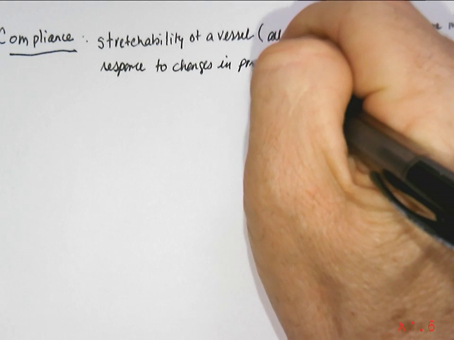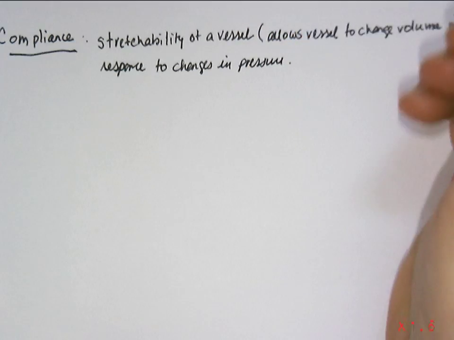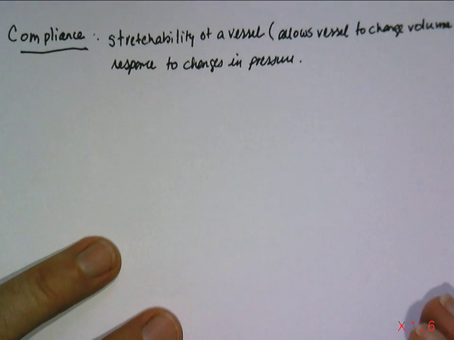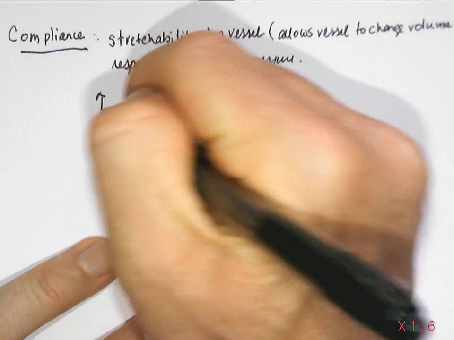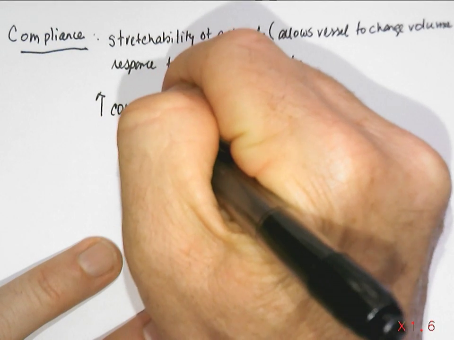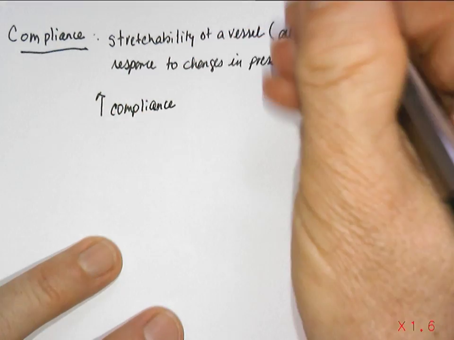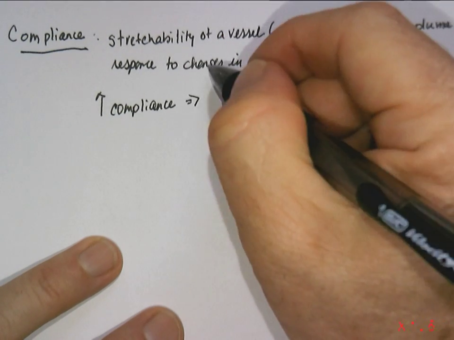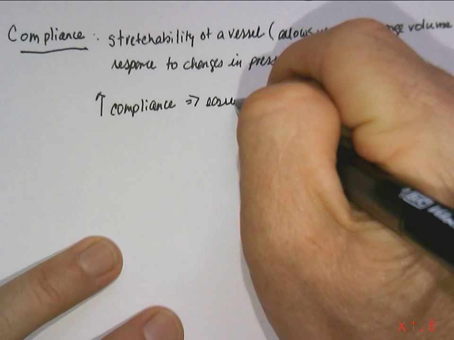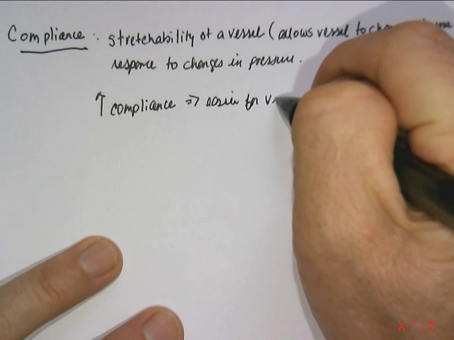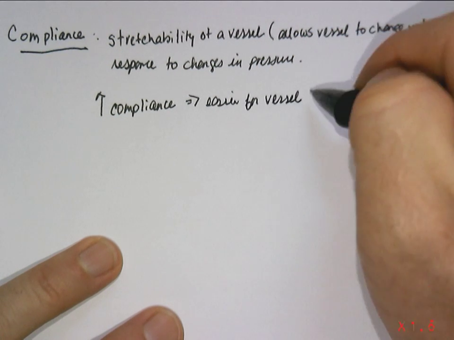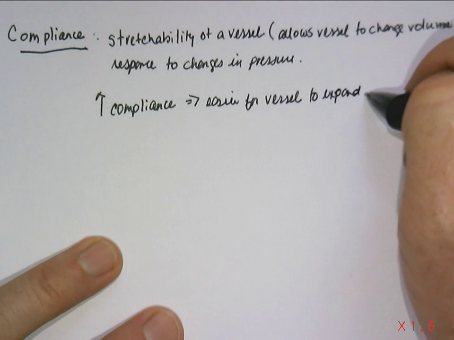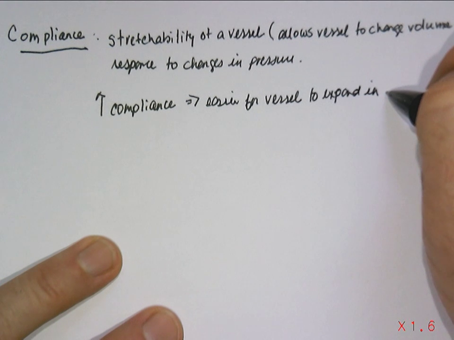So if the blood pressure goes up, is there an expansion of the vessel to take account for that? Right? So you could easily see that the higher the compliance, that implies it's easier for a vessel to expand in response to increased pressure.